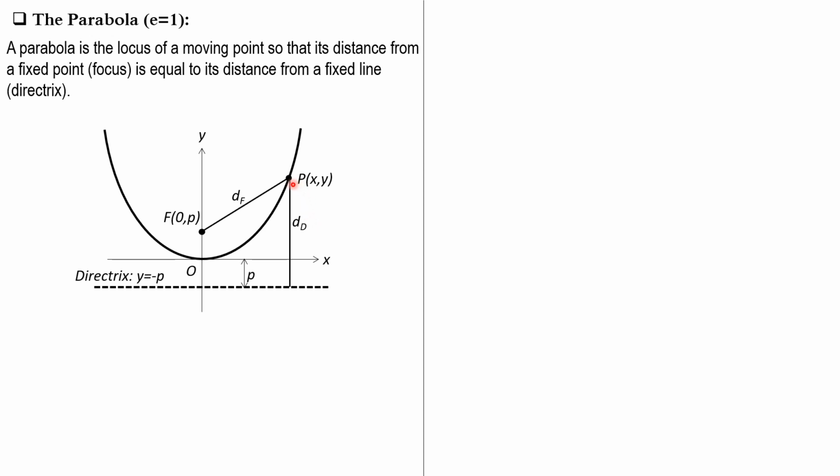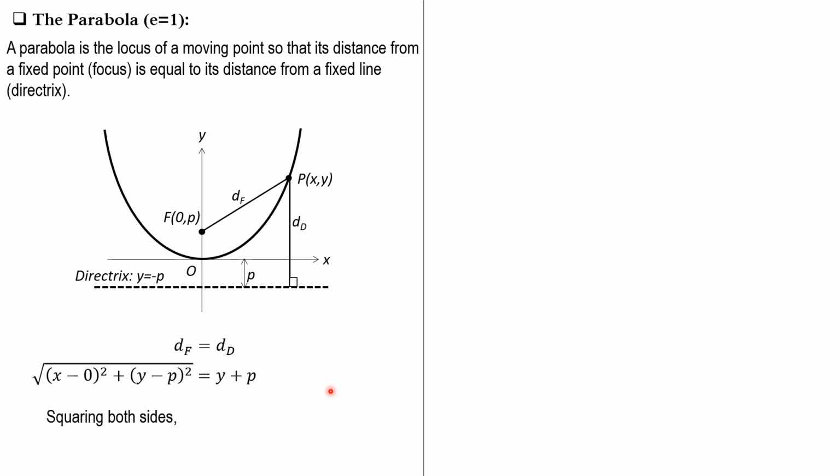While the distance f is the square root of (x minus 0) squared plus (y minus p) squared from the distance formula. So starting with distance f equals distance d, that's perpendicular distance. So distance f is the square root of (x minus 0) squared plus (y minus p) squared, then distance d is y plus p. Square both sides.